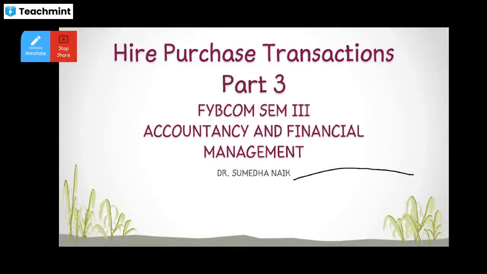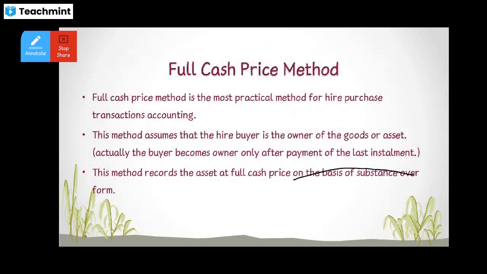Next part, we are going to follow the full cash price method. The interest table we have calculated, that was on the basis of what? Full cash price method. This full cash price method is the most practical method for hire purchase transactions accounting.